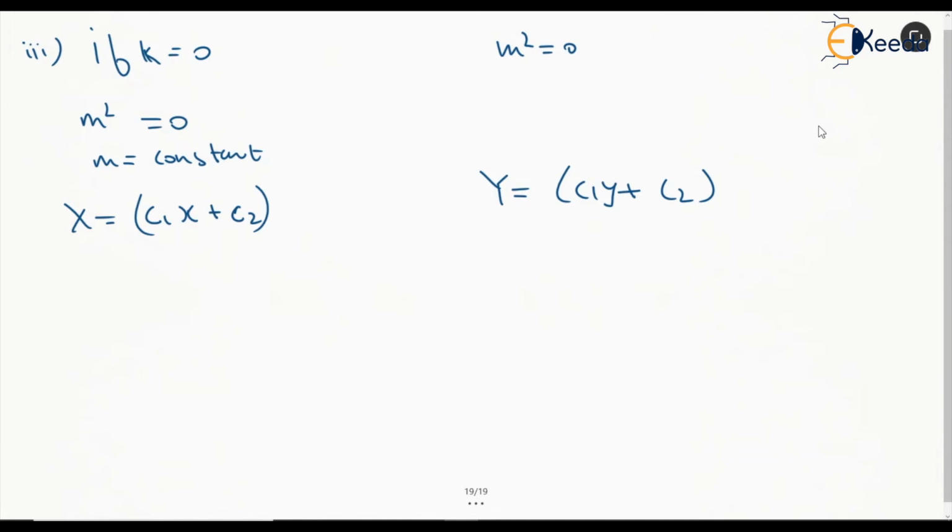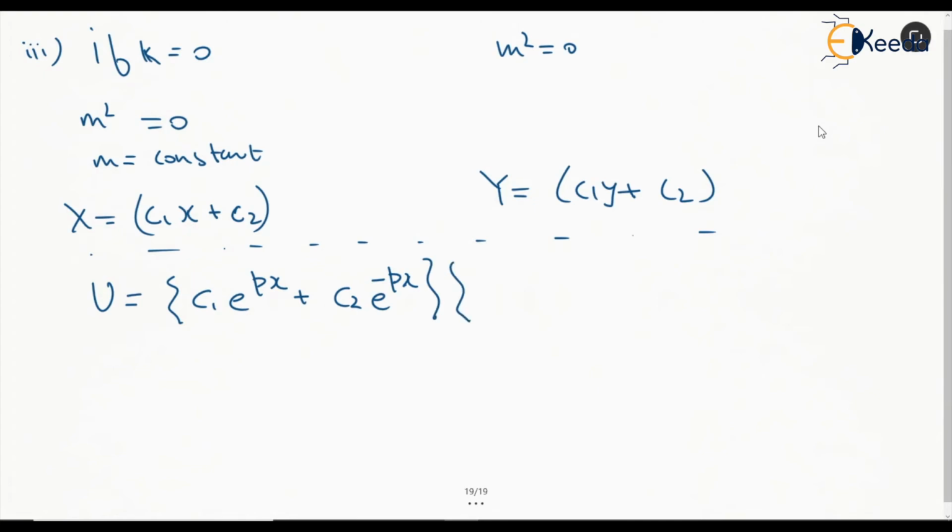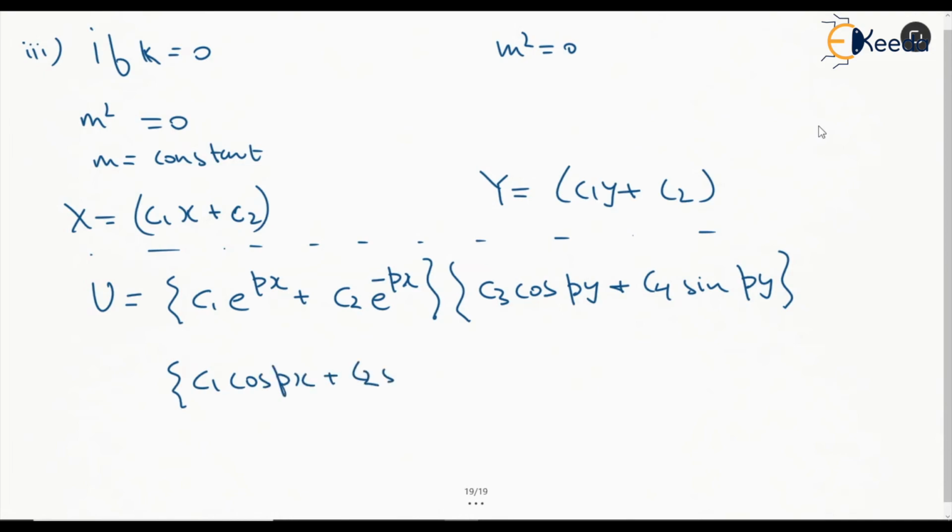We both have the same cases, so let's not repeat everything and write what is required. So in this case, finally for all these cases now we have u equal to c1 e to the power of px plus c2 e to the power of minus px, into c3 cos py plus c4 sin py, or else, just exchanging the terms, c1 cos px plus c2 sin px, and this will be c3 e to the power of py plus c4 e to the power of minus py.